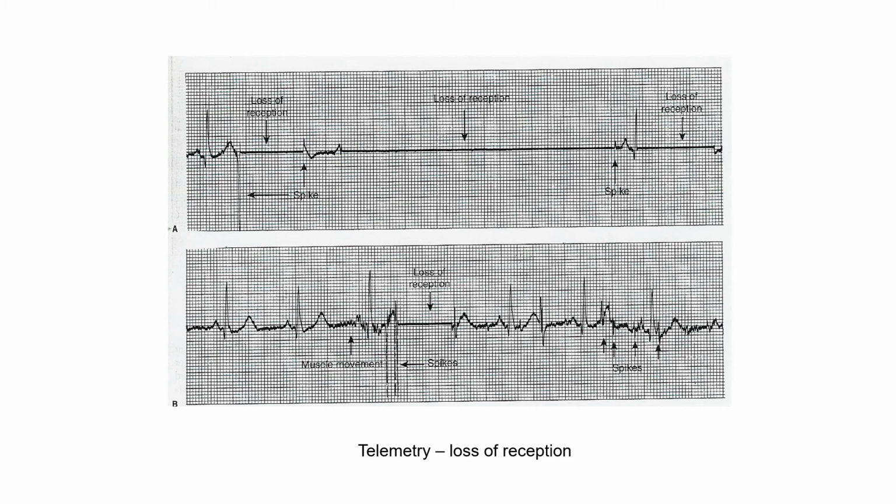Other things can be caused by weak batteries, or the patient left the reception area, so they may have gone down the elevator to go outside and take a smoke, but this indicates that the patient is outside the reception area. Again, weak batteries or anything like that will also cause a loss of reception. So it's usually a policy to change batteries daily or recharge batteries if the patient's not walking around.